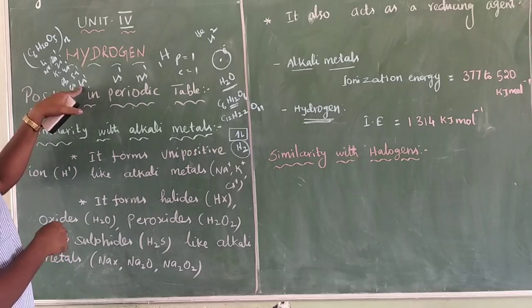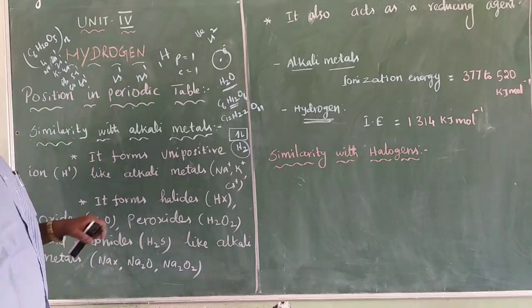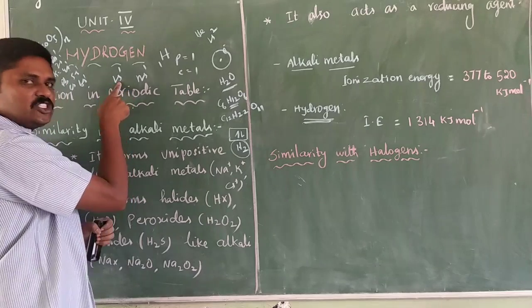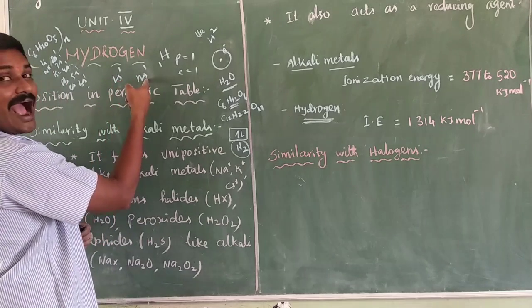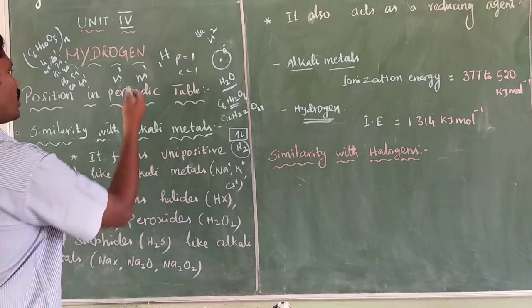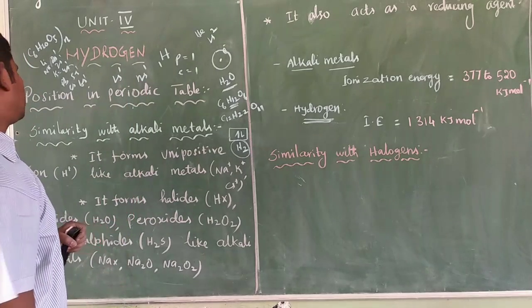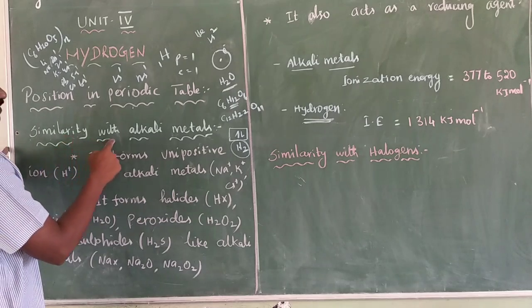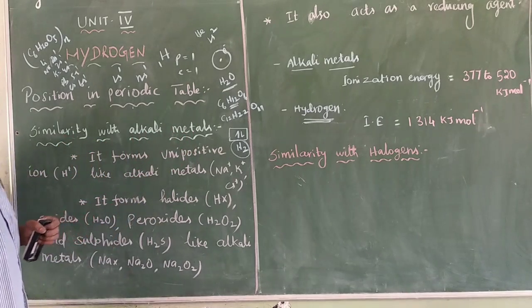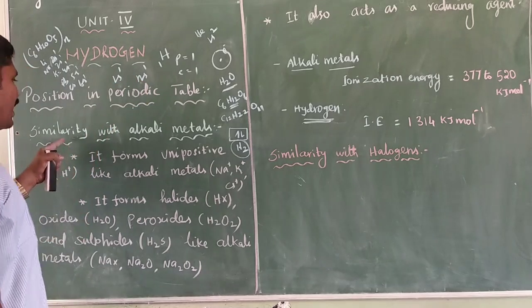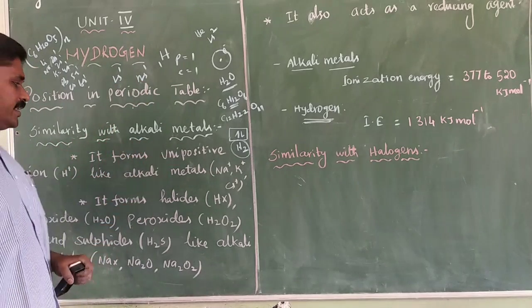The general formula is ns1. So the electronic configuration of hydrogen is the same as that of the alkali metals, which shows a similarity with them.